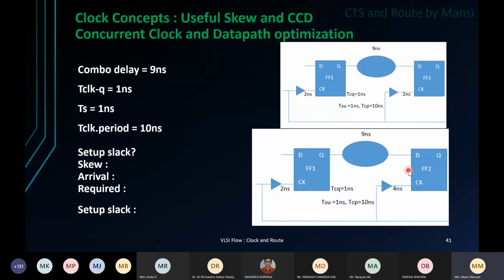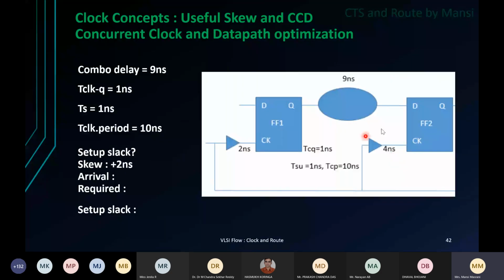So what happens over here is now the skew has come into picture. My capture clock is reaching 2 nanoseconds late. So my skew is positive 2 nanoseconds because the capture is reaching after the launch.